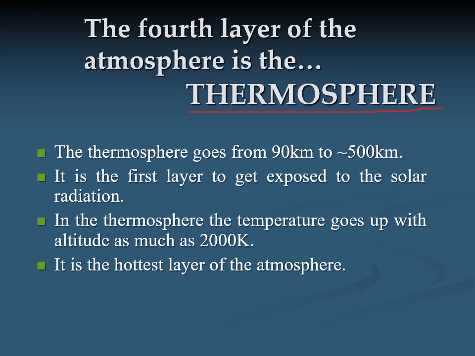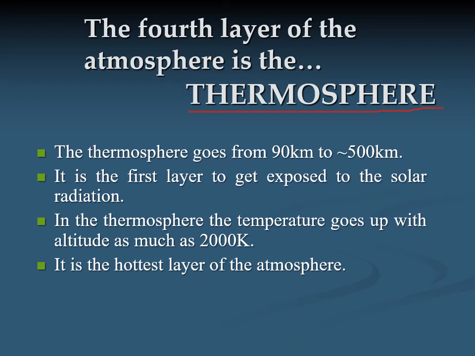It is the first layer to get exposed to the solar radiation. In the thermosphere, the temperature goes up with altitude as much as 200 Kelvin. It is the hottest layer of the atmosphere.